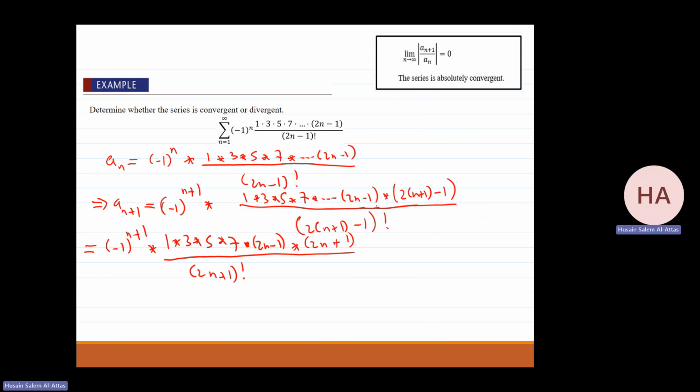Okay, so now I need to do L. What will L be? L will be the limit as n goes to infinity of An plus 1 over An. No need for the absolute value; the minus will be gone with the absolute value. So 1 times 3 times 5.